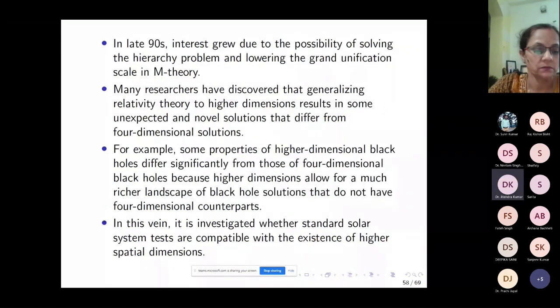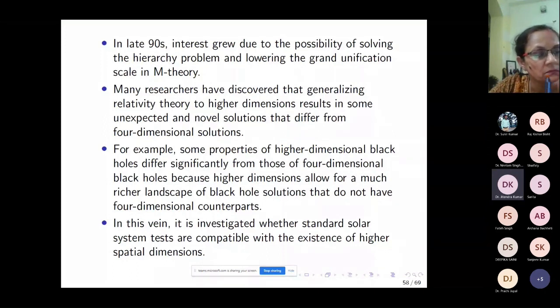So in the 90s, interest grew due to the possibility of solving the hierarchy problem and lowering the grand unification scale in theories. Many researchers have discovered that generalizing relativity theory to higher dimensions results in some unexpected and novel solutions that differ from four-dimensional solutions.